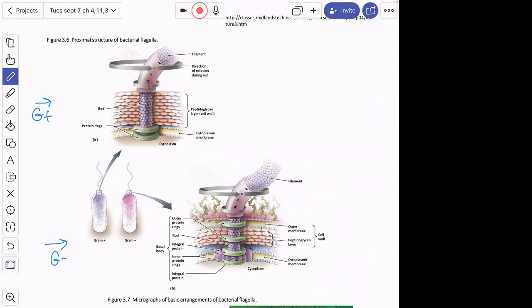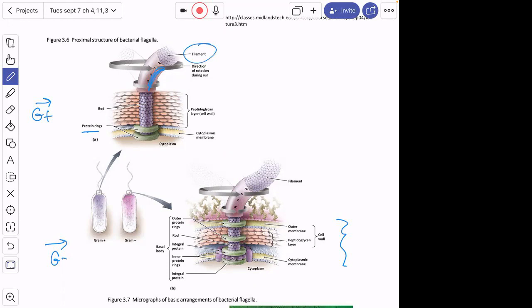I'm not too worried about where these rings are for the basal body, whether they're anchored in the cell membrane down here or within the cell wall. Whatever, the basal body anchors it to the actual cell. You've got this hook region right here, and then the filament.